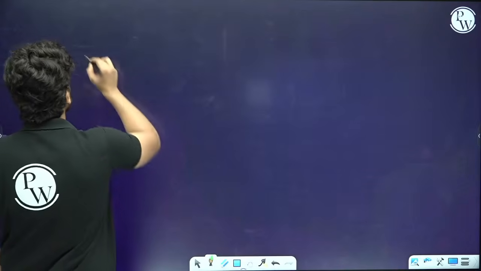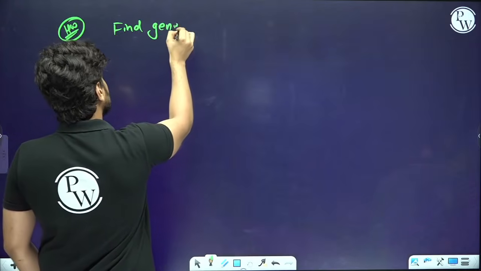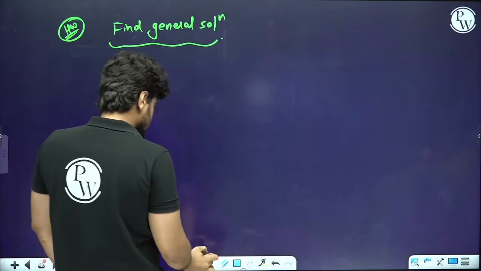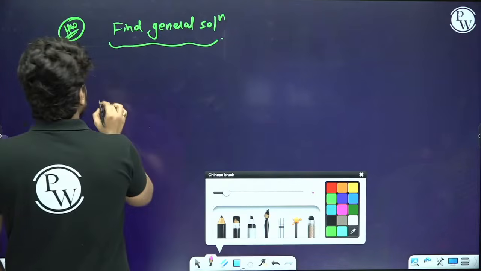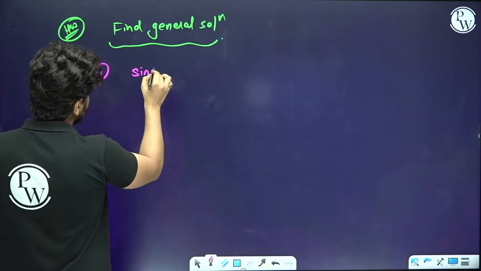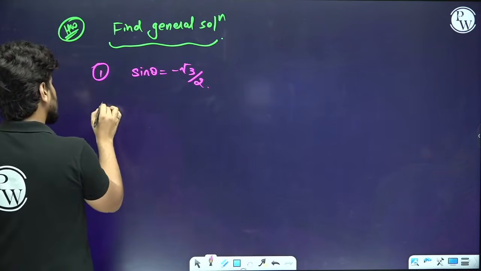So now I am giving you some homework questions. Find general solution. Just some practice questions to remember all of these things. Okay, find general solution. Question number 1. Sine theta is equal to minus root 3 by 2. Okay.